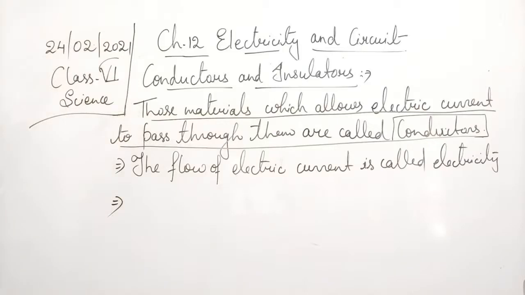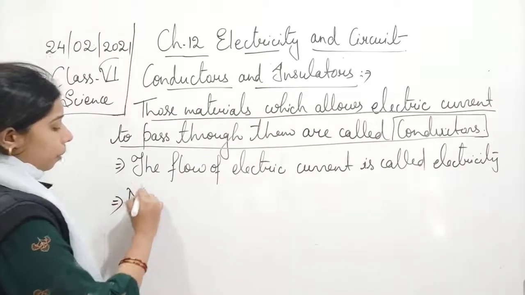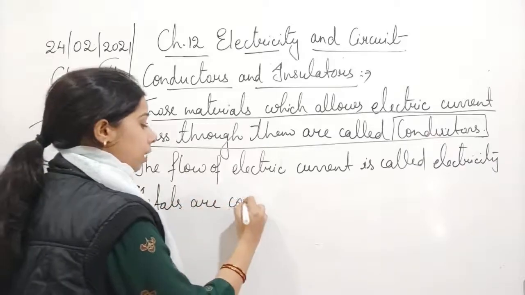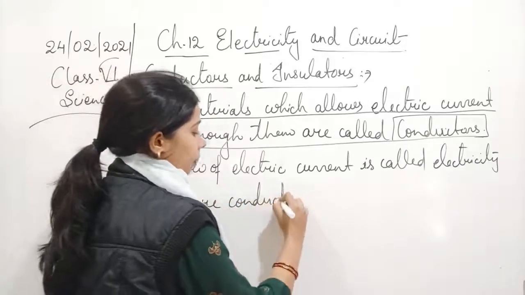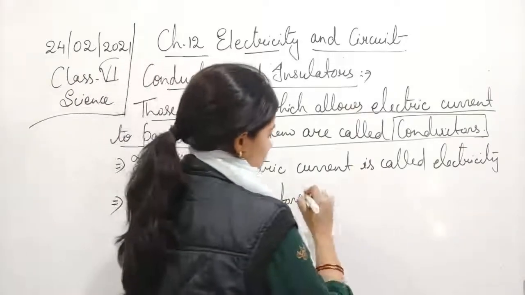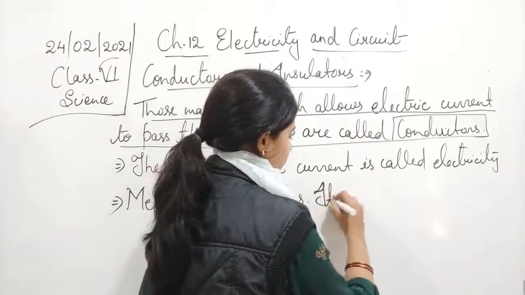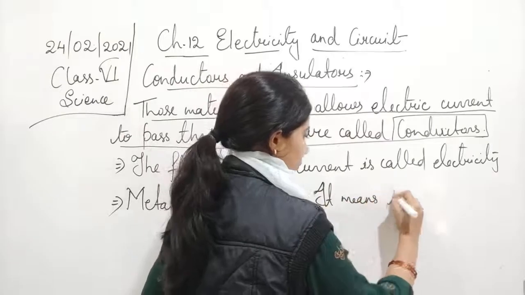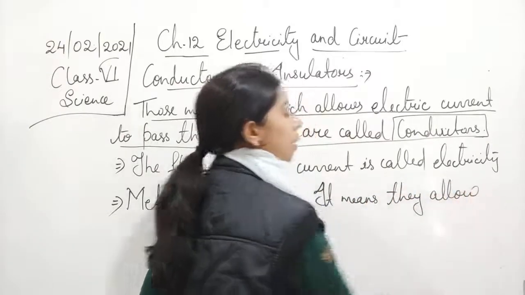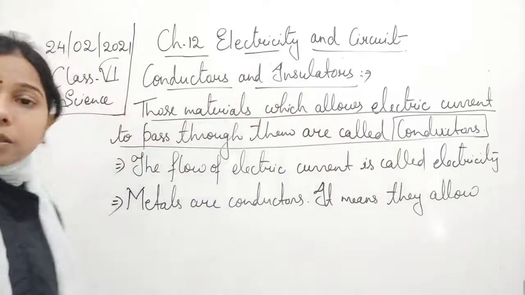Now if we talk about the metals, all the metals are conductors. It means they allow electric current to pass through them.